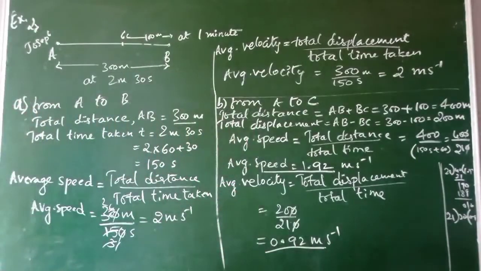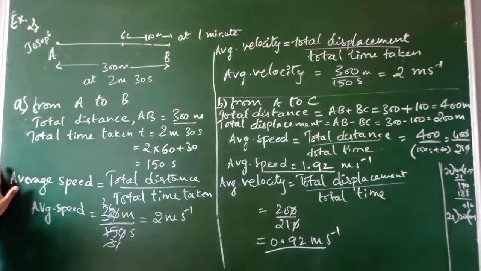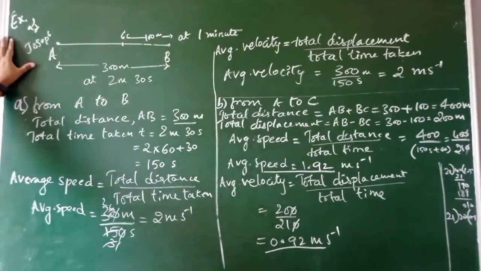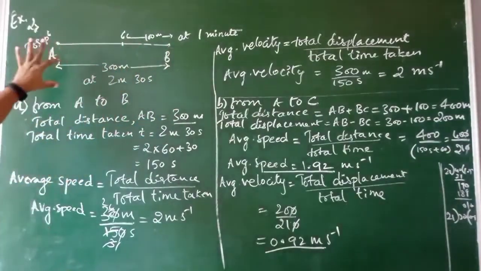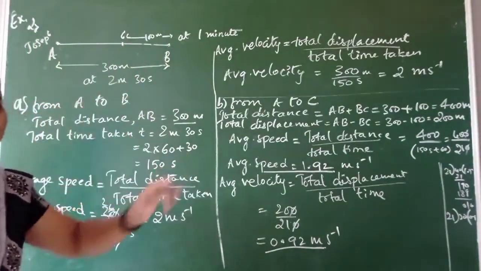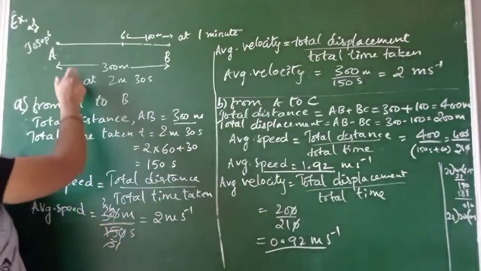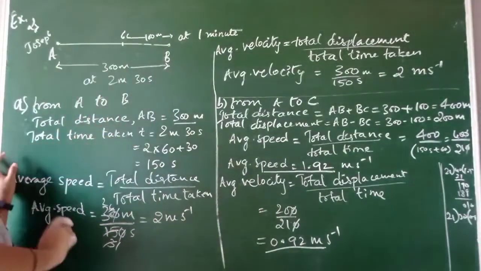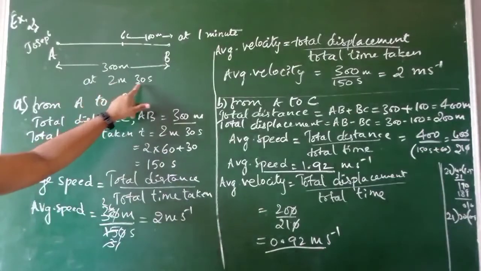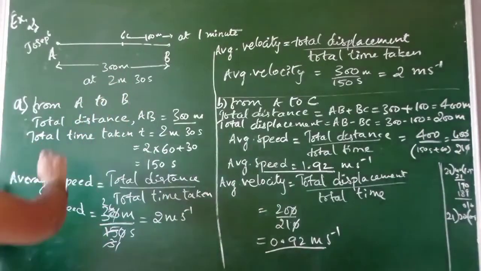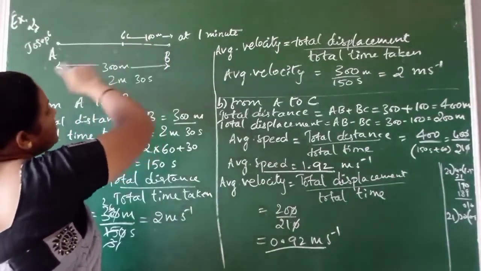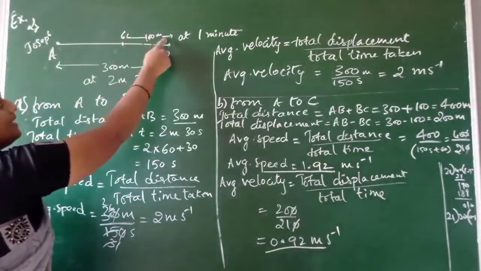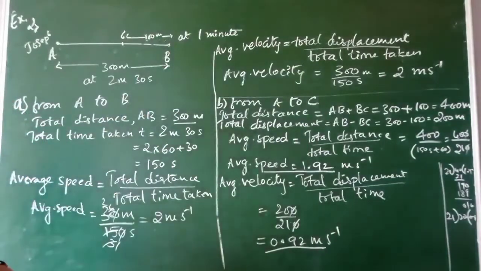So children, once again I'll explain. Here Joseph is jogging from point A to point B and he covers 300 meter distance, taking 2 minutes 30 seconds. Next he turns back towards A, reaching point C, covering 100 meter in 1 more minute.